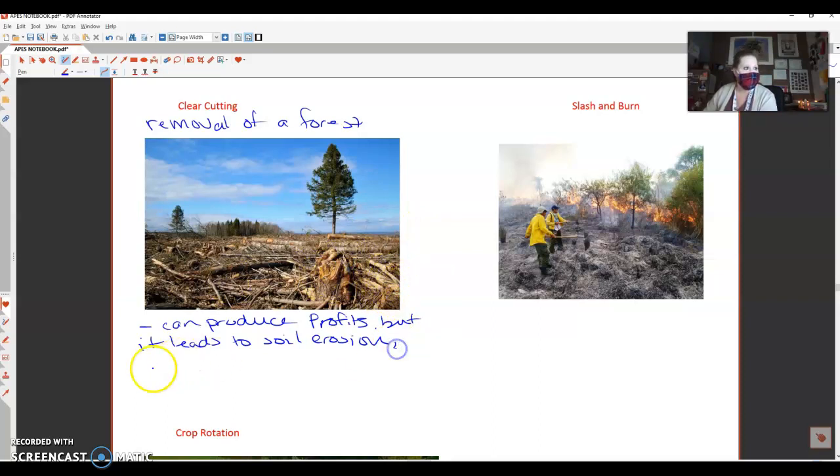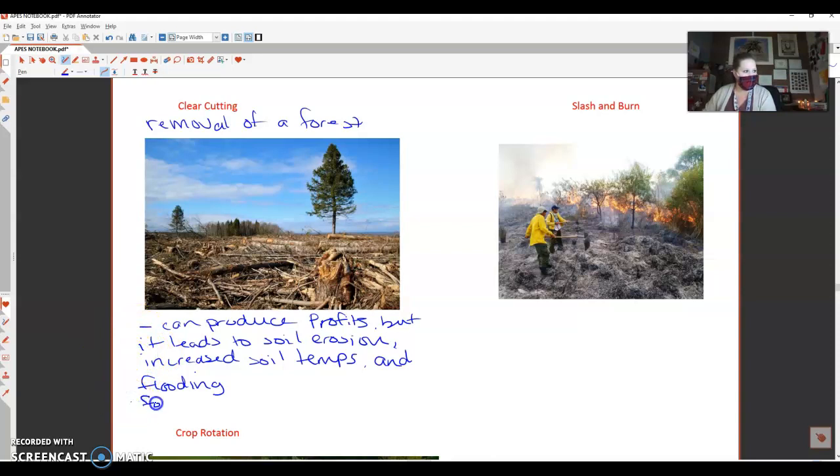It can also lead to increased soil temperatures, which is bad for plant growth, okay? And flooding. We definitely don't want that. Now, why do we need to have forests? Obviously, they're a very large carbon sink. They can absorb tremendous amounts of carbon from the atmosphere, okay?